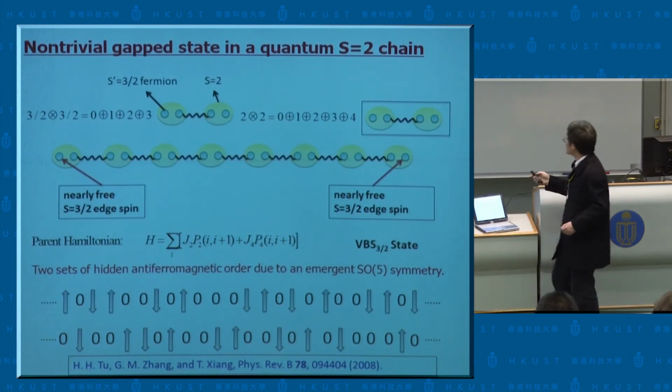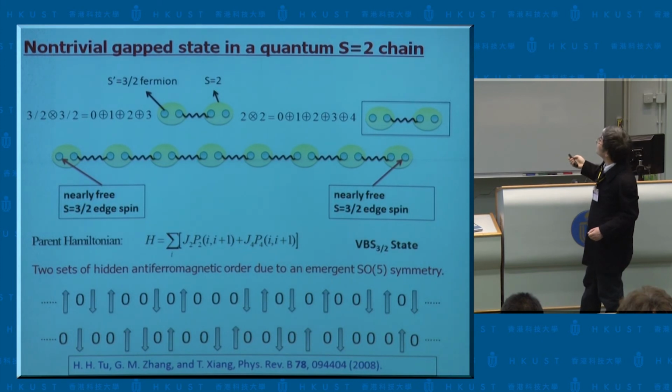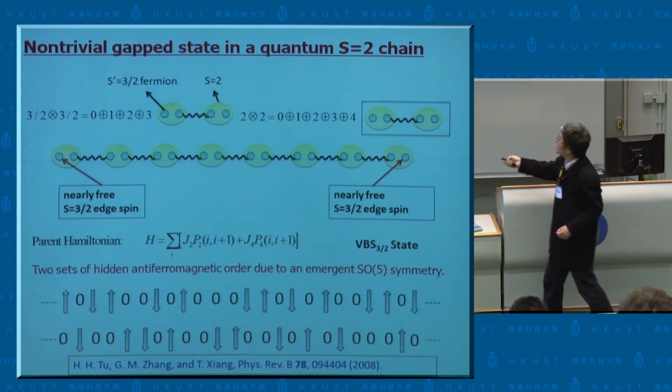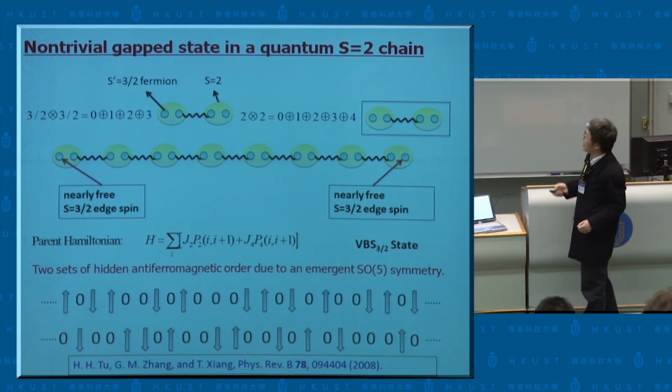So using this representation, we can characterize the spin configuration of the ground state for this non-trivial gap phase in terms of two sets of spin configuration, each one corresponding to each quantum generator.